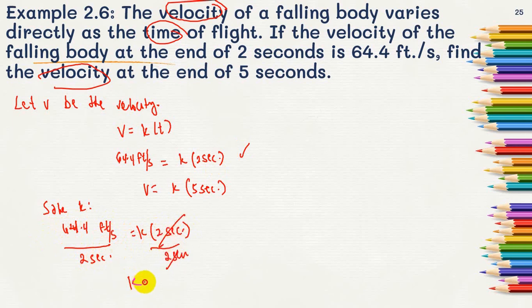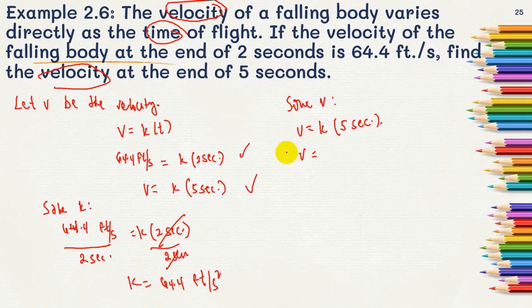Okay, so K will be equal to 64.4 feet over square second. Then let us solve now for the velocity. Alright, so using the second equation, V equals K times 5 seconds. Substitute the value of K, which is 64.4.